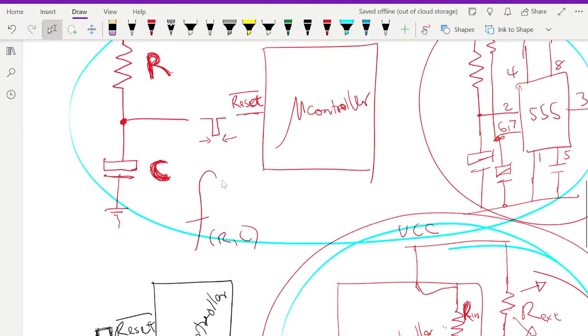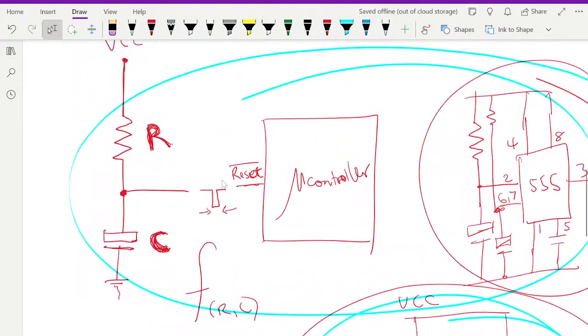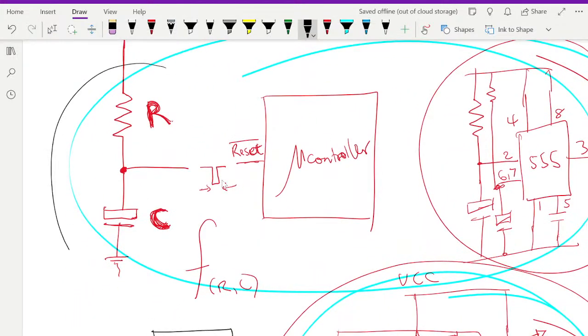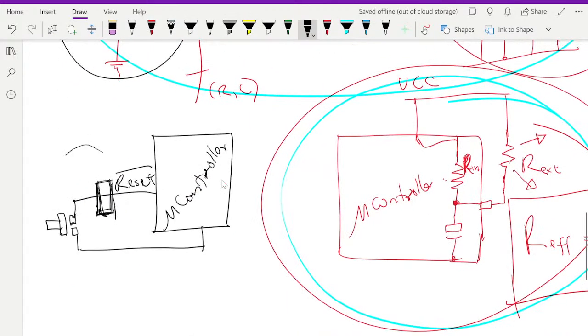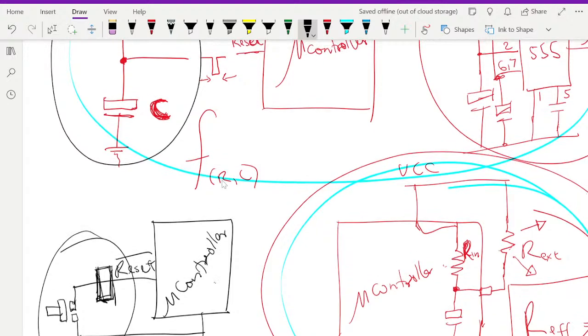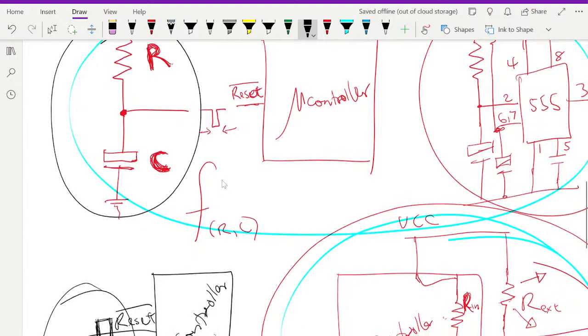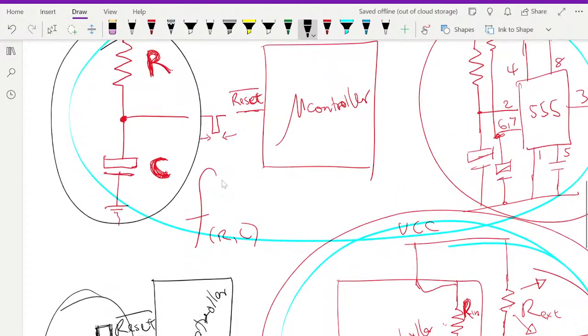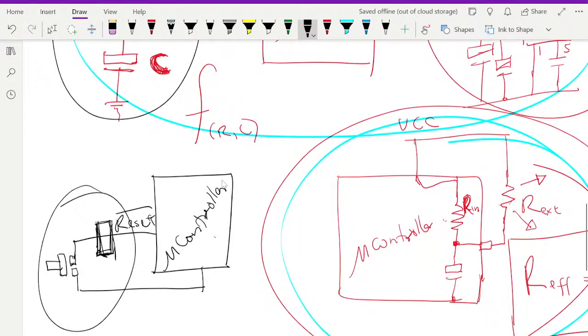It's the same as this in a sense, but before it goes into your microcontroller, you have your 555 timer. So in a sense, you have a pure microcontroller base, which is software based.